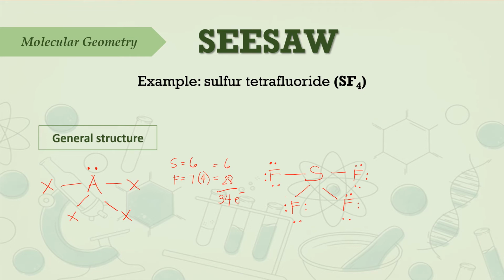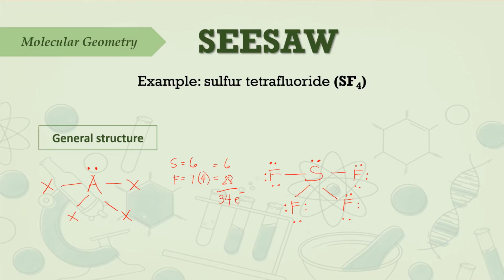But since sulfur belongs to period 3, and if you can still remember that if the central atom belongs to period 3 and beyond, it could hold more than 8 electrons, right? So sulfur has 2 dots in here because, as we have said, sulfur belongs to period 3, and period 3 and beyond atoms could hold more than 8 electrons.